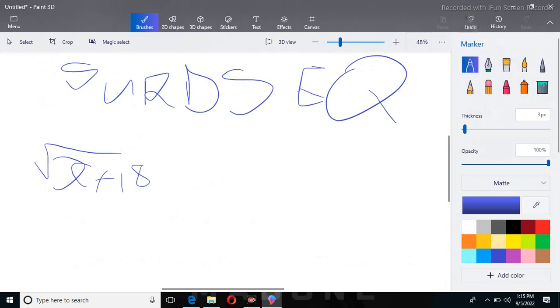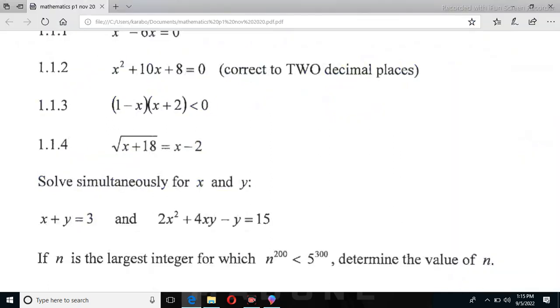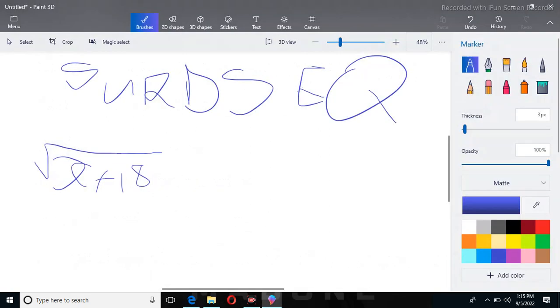I think on paper it's better. So it's x minus 2, right?